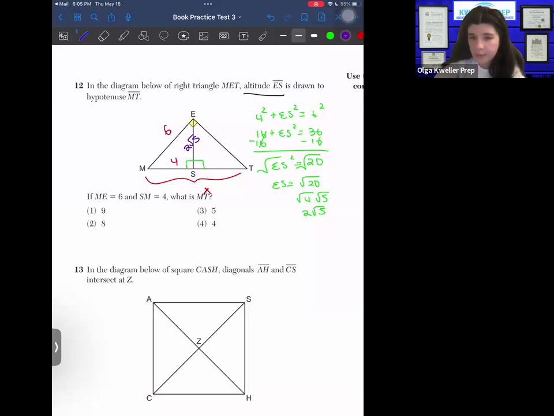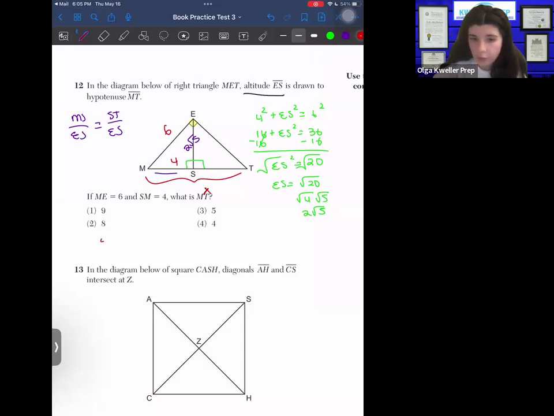So we would do MS is to MS over ES is equal to ST over ES. Or alternatively, we can try the altitude formula, which somebody is saying.